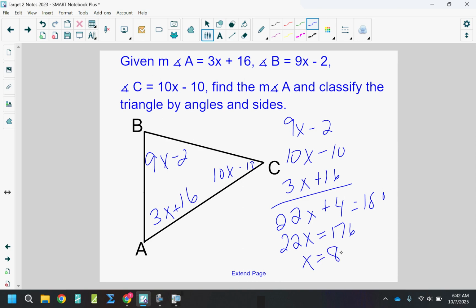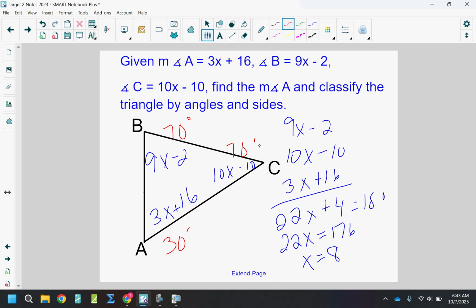So if I go back in and substitute in x is 8, 9 times 8 minus 2, 9 times 8 is 72, that'll make this one 70. 3 times 8 is 24, plus 16 will make this angle 40. And this one will be 70.